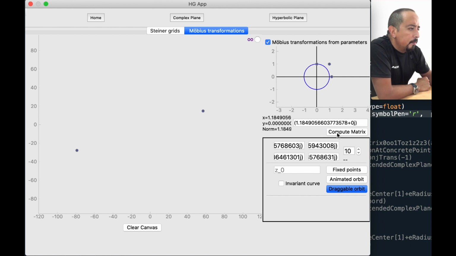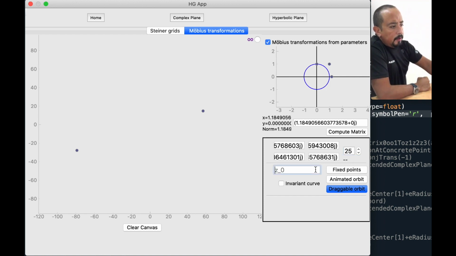And let's compute a matrix that gives me that Möbius transformation. Okay, so here let's say that I want 25 points in the orbit. Whatever number I put here, let me put 0. It's going to compute 25 iterations of the Möbius transformation at 0, so nu of 0, nu square of 0, nu cube of 0, etc.